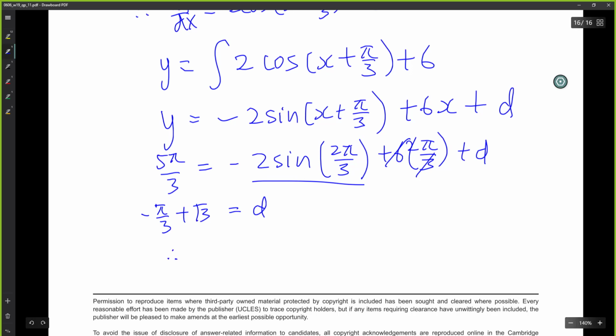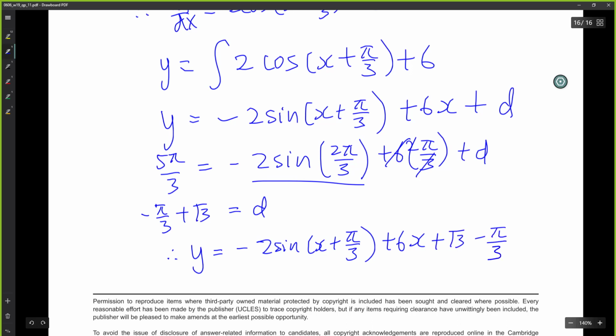So therefore, my equation of y equals to negative 2 sine x plus pi over 3 plus 6x plus square root 3 minus pi over 3.